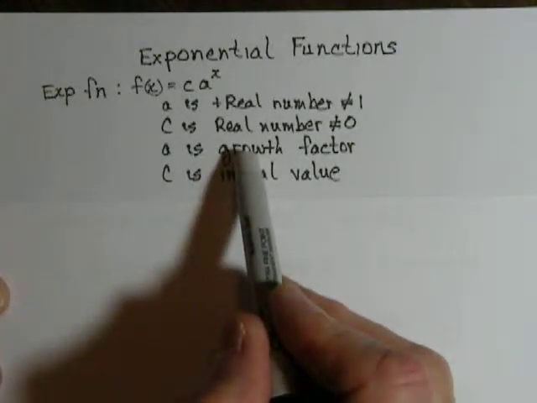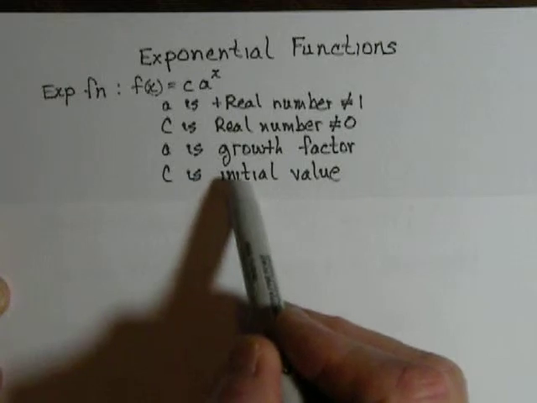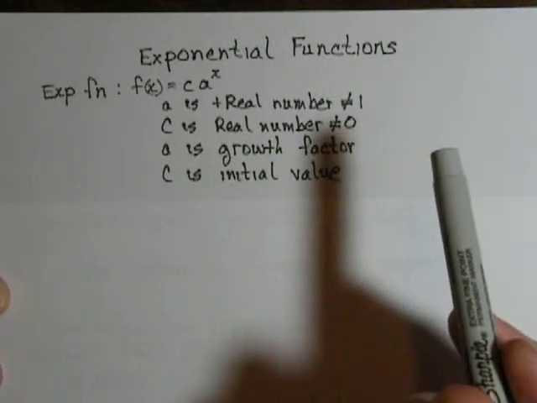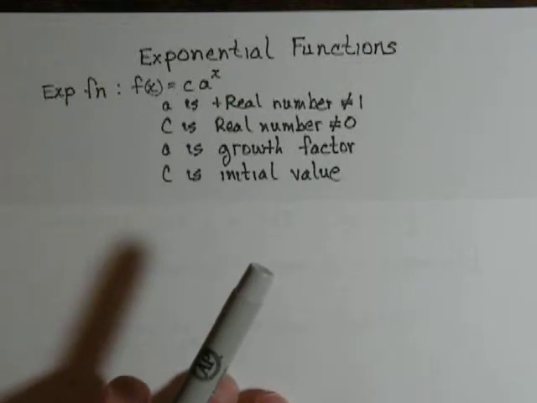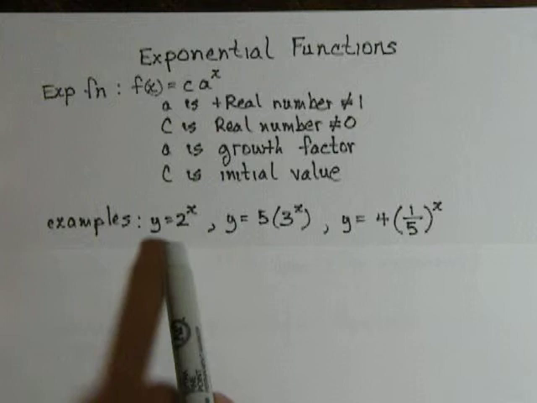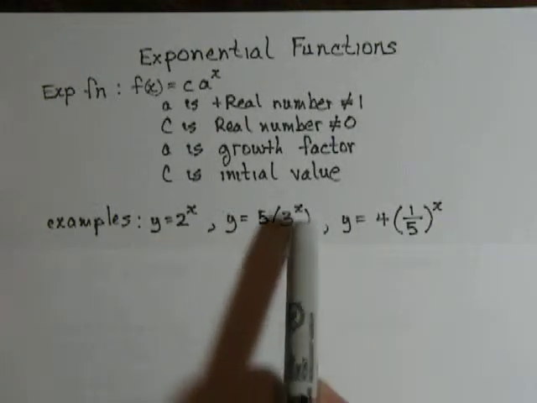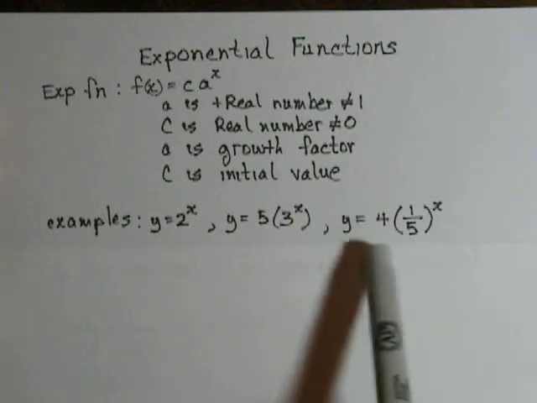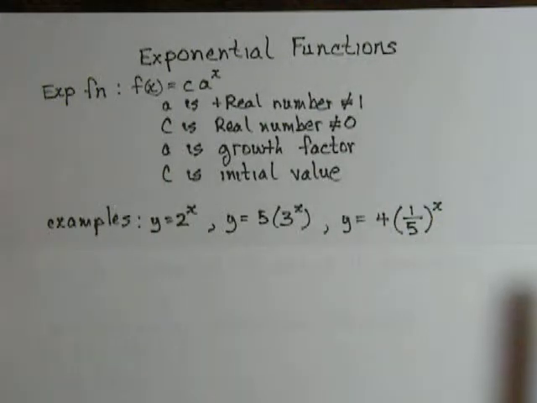A is called the growth factor. It's called the base also. And C is the initial value. Some examples of the exponential function are as follows: y equals 2 to the x, y equals 5 times 3 to the x power, and y equals 4 times 1/5 to the x power.